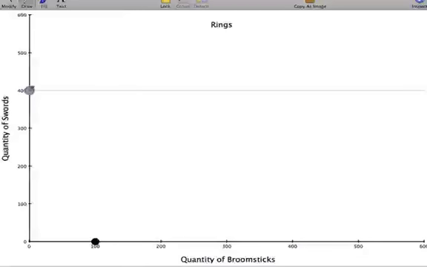The production possibility frontier shows the combinations of swords and broomsticks that Rings can make, so we can connect the 2 points as you see here. Everything along the production possibility frontier are combinations of swords and broomsticks that Rings could make.